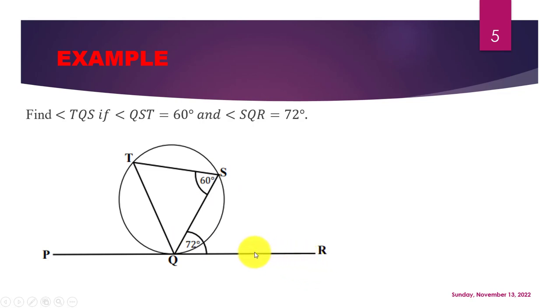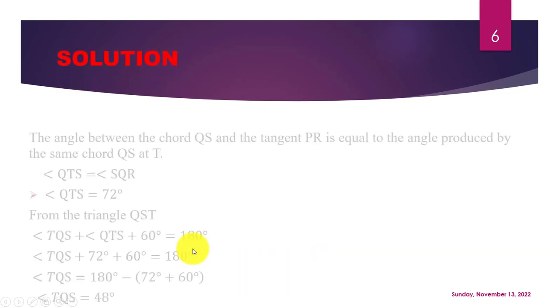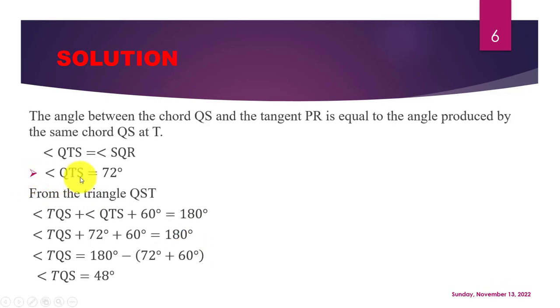So it implies that angle QTS is also equal to angle SQR, which is 72 degrees. And that is what we are seeing in this particular equation. So angle QTS is equal to 72 degrees.